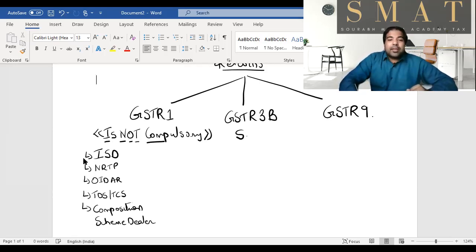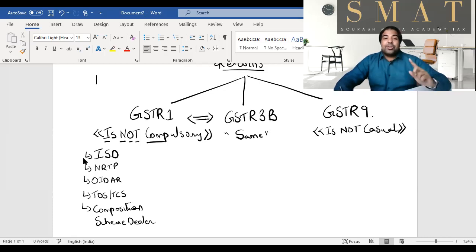Guys, same thing. Same shortcut "is not compulsory" also applies to GSTR 1 and GSTR 3B. What about GSTR 9? That is the annual return, which you need to file under section 44. Guys, in that, the shortcut is "is not casual." This is the short form to learn who does not have to file GSTR 9. Guys, I is input service distributor again.